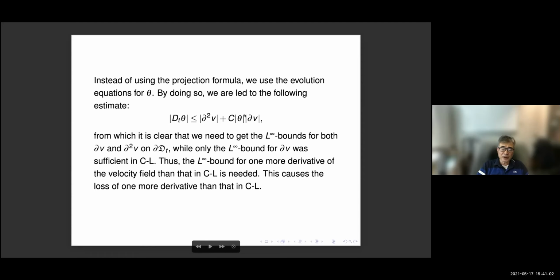For the incompressible Euler equation, the L infinity bound for the first derivative of velocity is sufficient for the estimate. But here for our problem, we need to estimate the L infinity bound of the second derivative of the velocity field on the boundary. So this is another reason for losing one more derivative than the incompressible Euler equation.